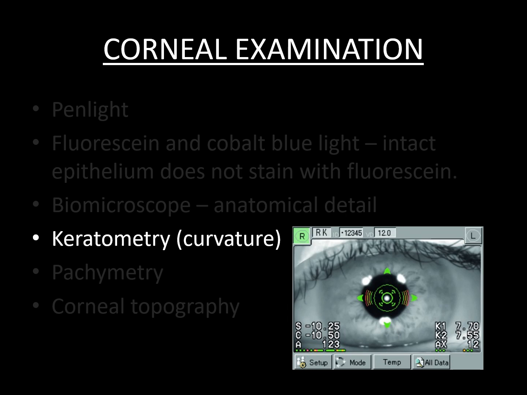So the radius of this cornea in the one axis is 7.70 millimeters, and the radius at 90 degrees to that is 7.55 millimeters. Now these can also be expressed in diopters, which shows the refractive power of the cornea, and the refractive power of the cornea is around about 42 diopters.